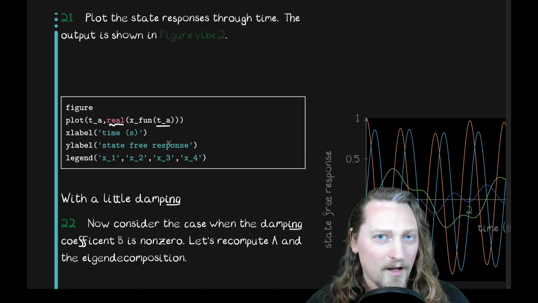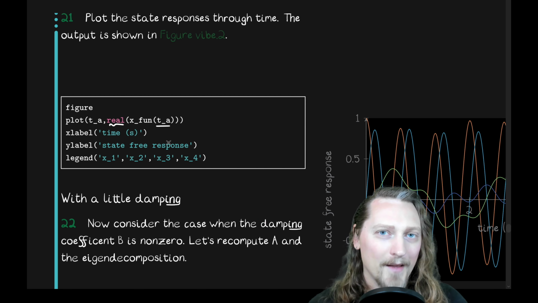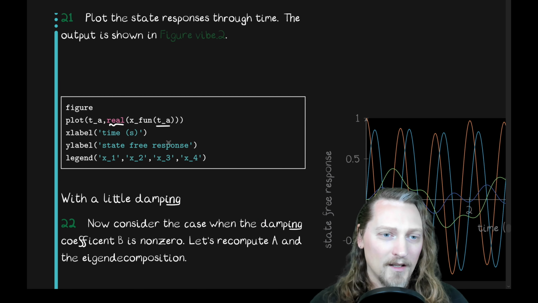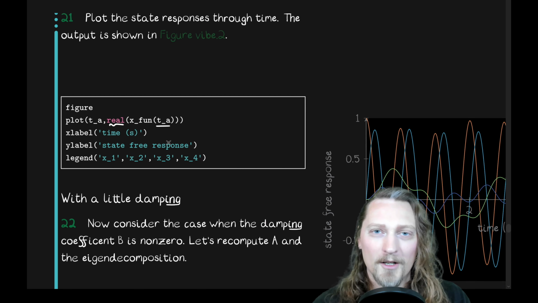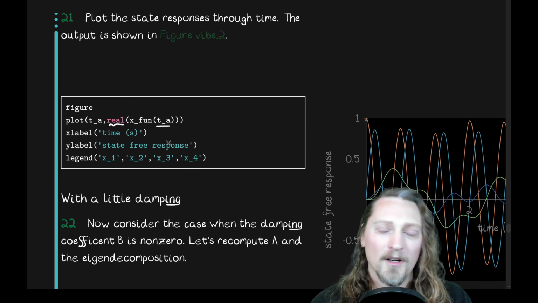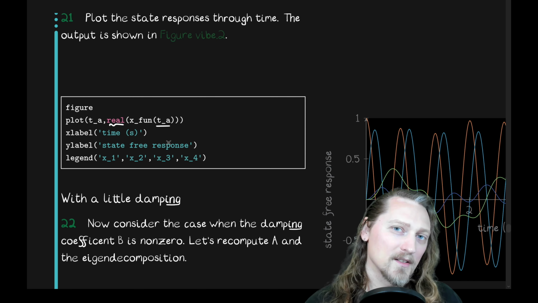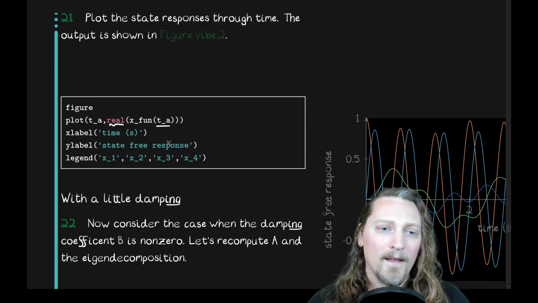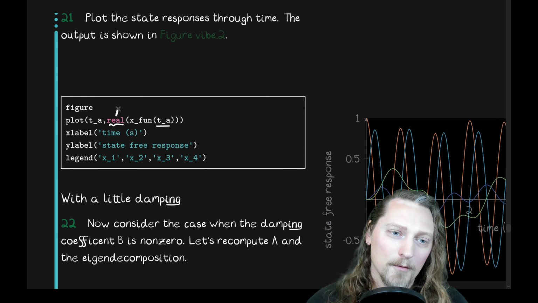However, given the complex exponential form of this, MATLAB doesn't by default compute it as real, it computes it as complex. And due to the numerical nature of this, there are going to be tiny imaginary parts left over. Very, very small. So MATLAB will actually give you a warning if you don't ask it for the real part.